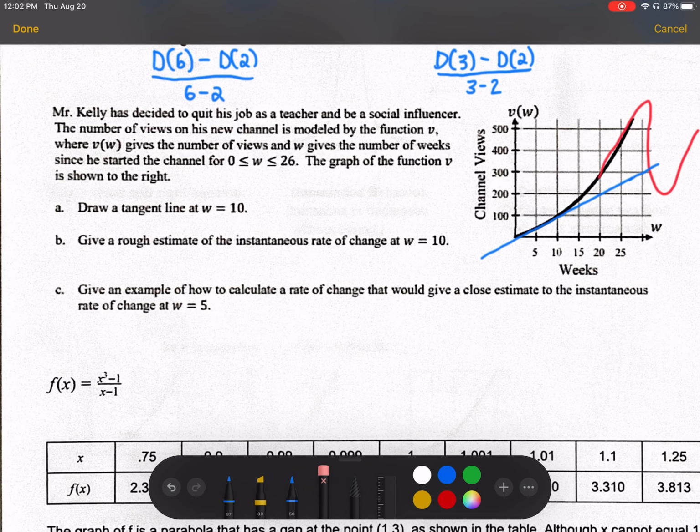But we're focusing on touching the graph at one specific point, kind of in this area that we're looking at here. So we have w equals 10.